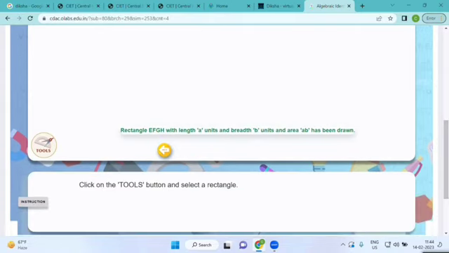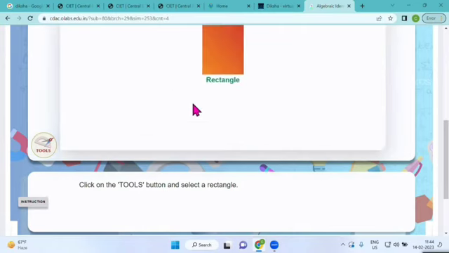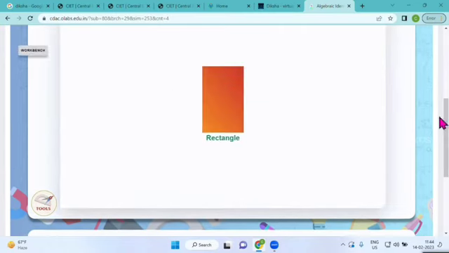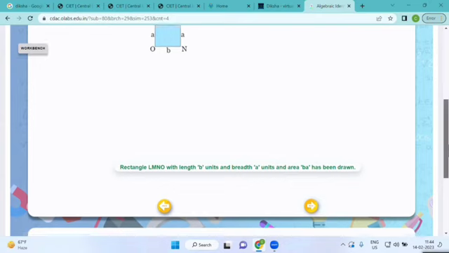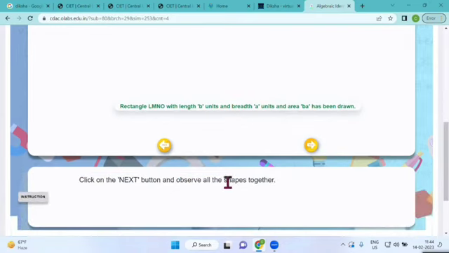For the next, again click on the tools button and select the rectangle. We have a rectangle with different units: the length is B units, different from the other rectangle, and the breadth is A units, and the area is BA. Now click on the next button and observe all the shapes together.